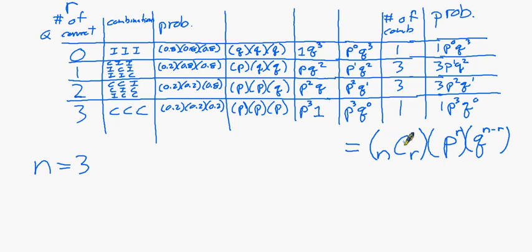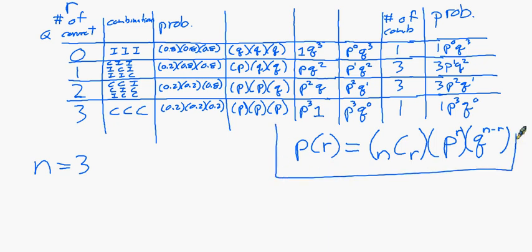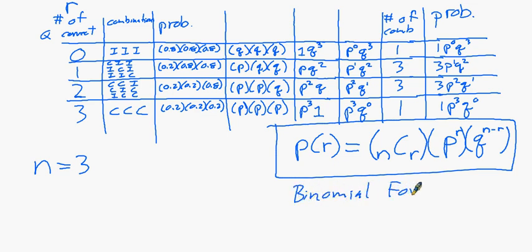This will give us our 1, 3, 3, and 1. And so this is the probability for outcome r. This, my friend, is the binomial formula. Dun, dun, dun.